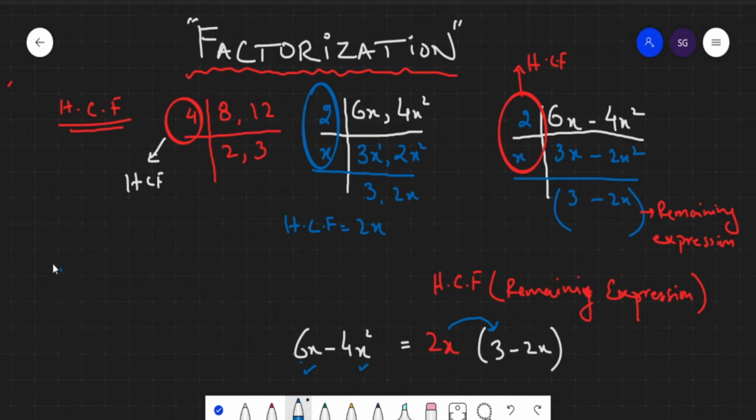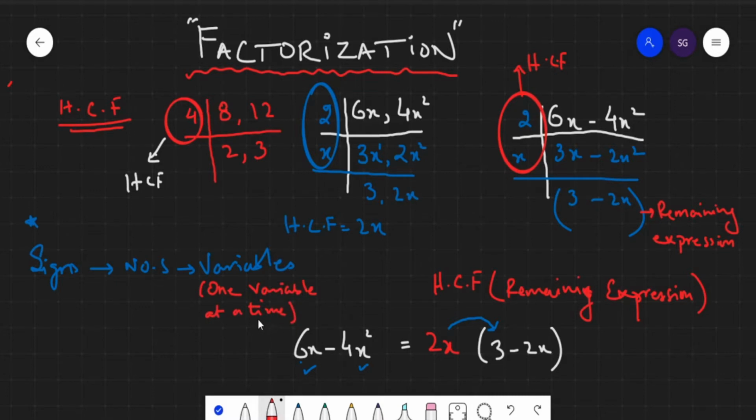So it's always advisable that you first deal with the signs, then you deal with the numbers, and then you deal with the variables. You can make a note of that: signs, then numbers, then variables, and if you have more than one variable, you deal with one variable at a time.